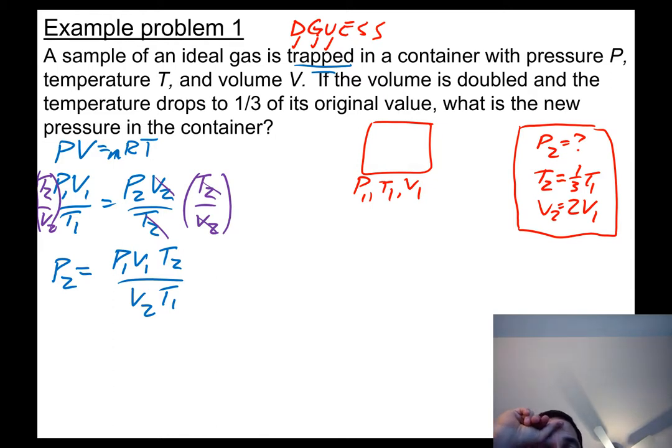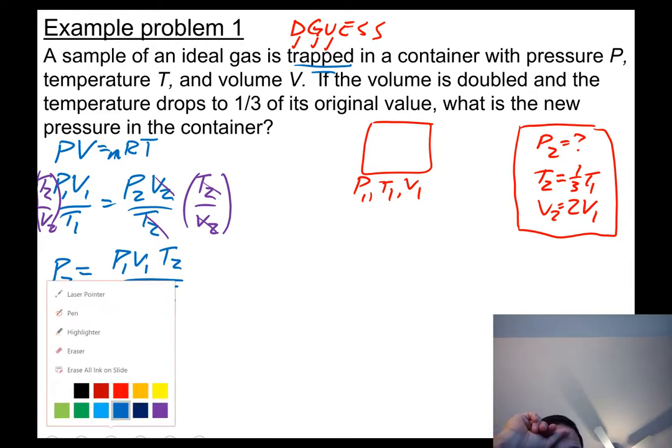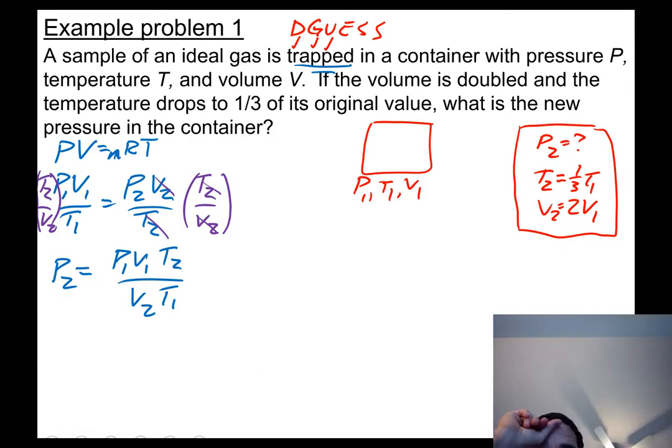Okay? But now we can substitute in, right? Because we know by looking over here that T2 is 1/3 T1 and V2 is 2V1. So I can substitute that in here and here.